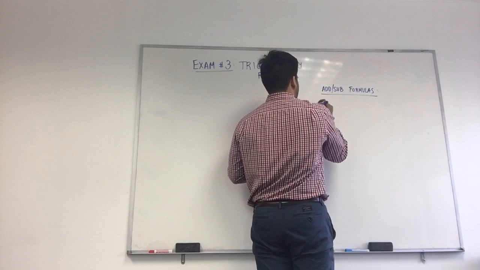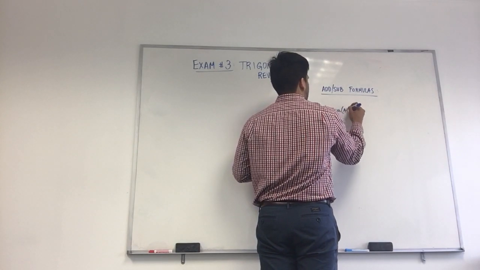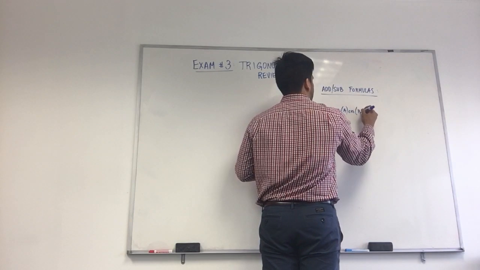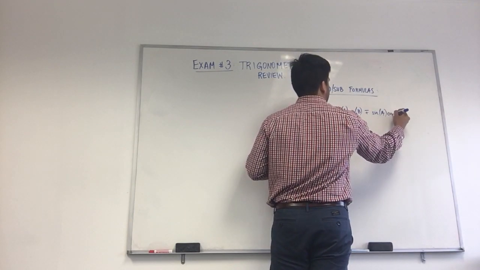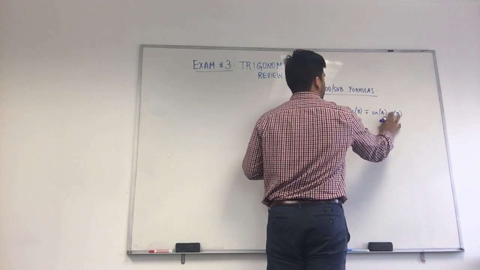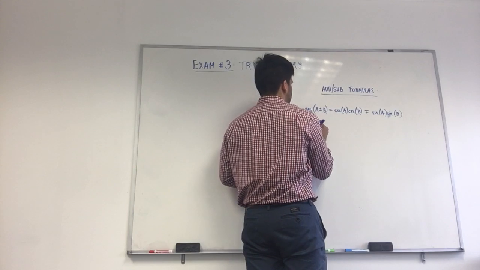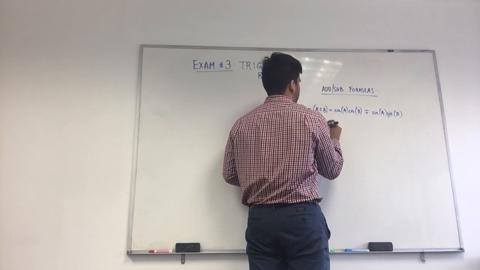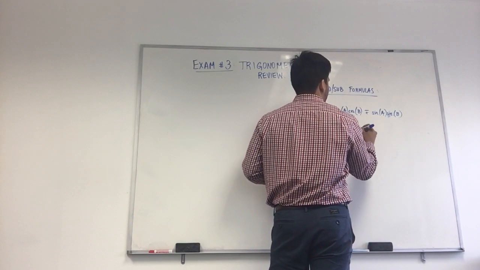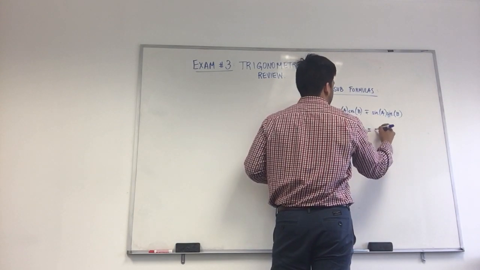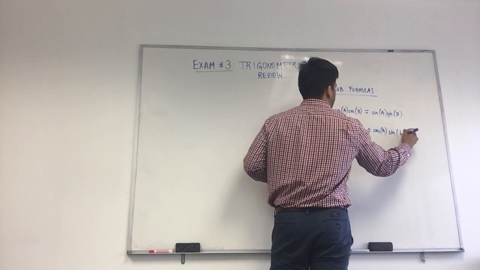You know that cosine of A plus or minus B is cosine of A cosine of B, minus plus sine of A sine of B. And we know that the sine of the sum or difference of angles is sine of A cosine of B, plus minus cosine of A sine of B.